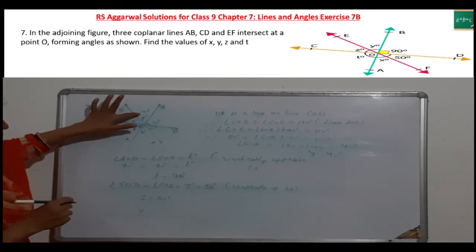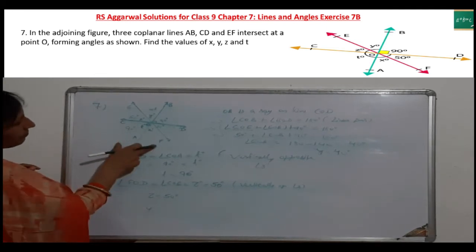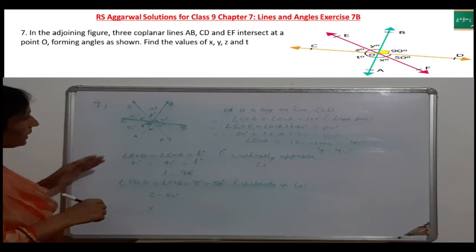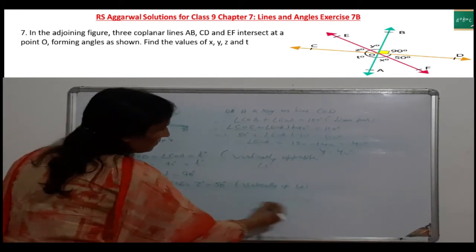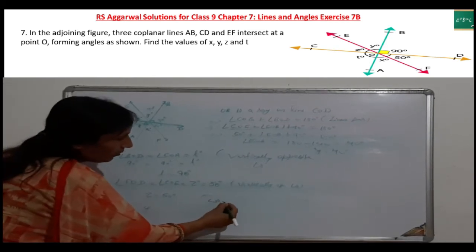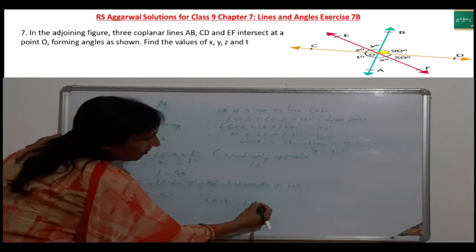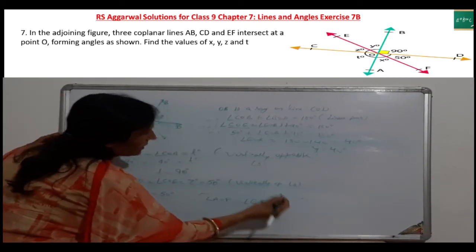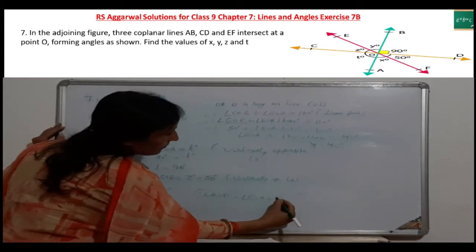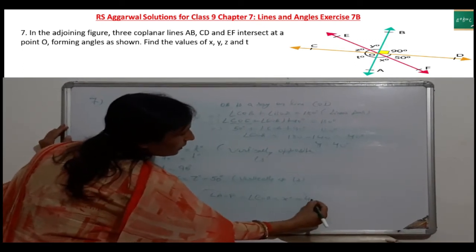And then if this is 40 degrees, then this will also be 40, because of vertically opposite angles. You see here, line EF and line AB are intersecting each other, so vertically opposite angles will be equal. So here we can write angle AOF is equal to angle EOB, is equal to angle X. X degrees is equal to 40 degrees, because Y is 40 degrees, which we have got.